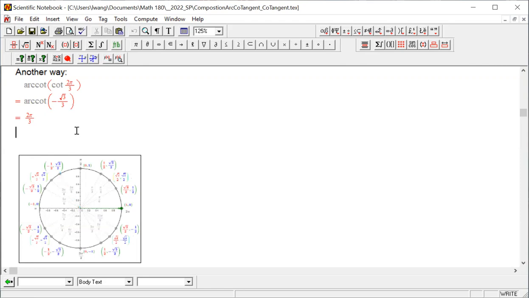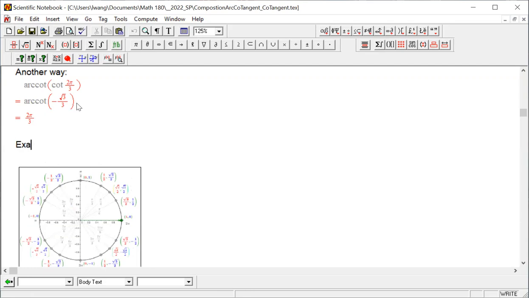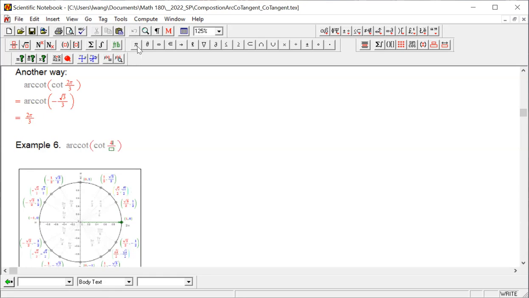So this one is example number 6. We have arc cotangent of cotangent of 4 pi over 3.